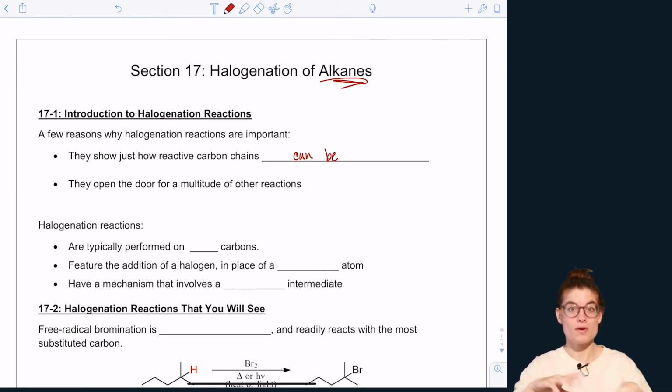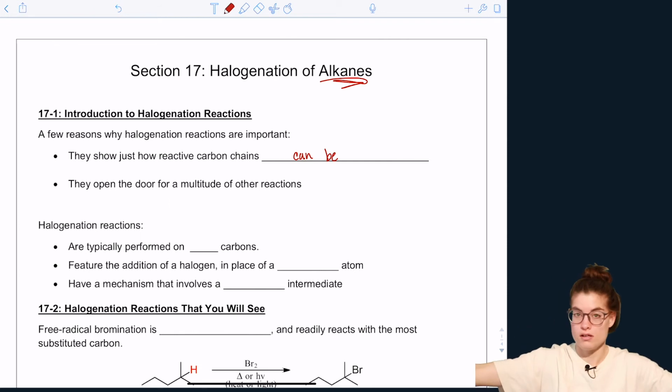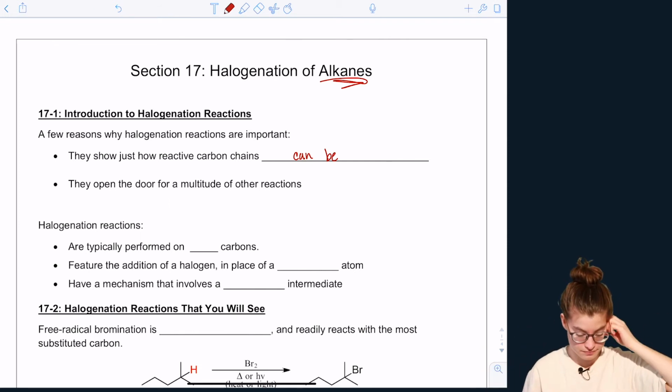And on top of that, we have other reactions that we can do with it as well. And so that's why they're important. They're the first step to letting you do almost anything to get to a molecule of your choosing.